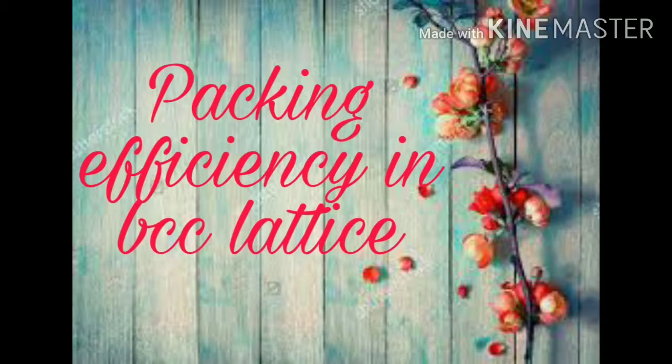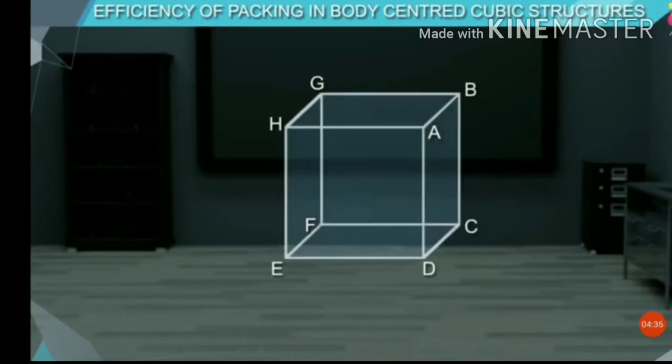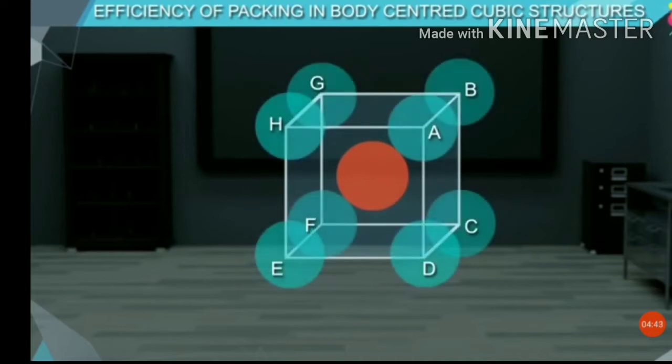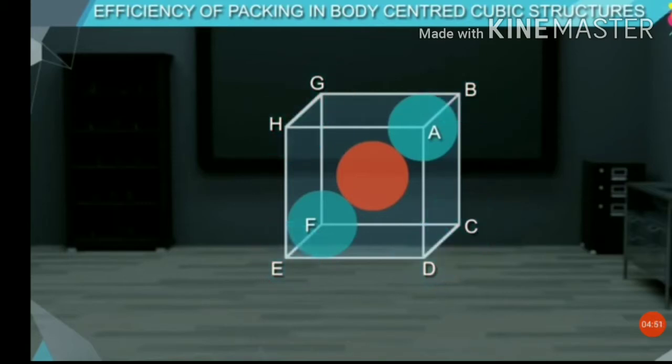Now we calculate the packing efficiency in body-centered cubic lattice. In a body-centered cubic lattice, there is a particle at the body center in addition to the particle at its corners. In BCC lattice, there are three spheres in contact with each other along the body diagonal, means the line crossing the body.